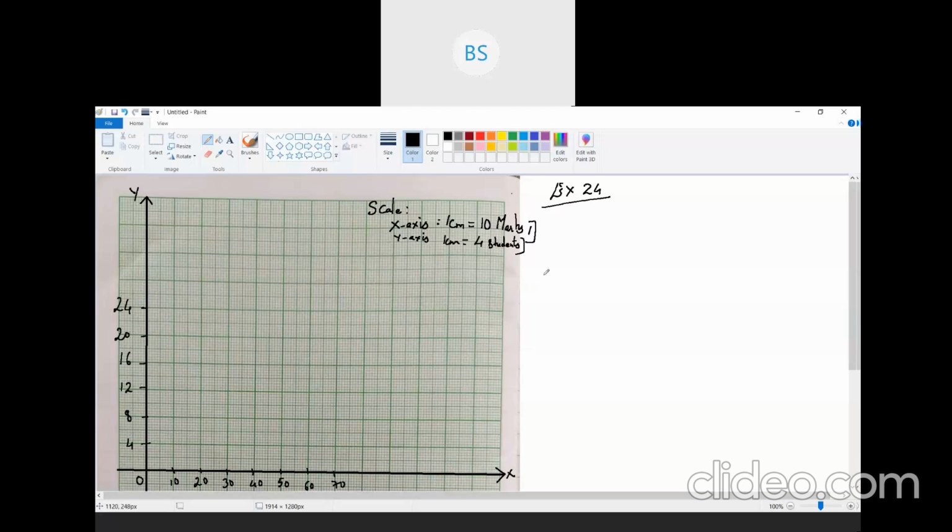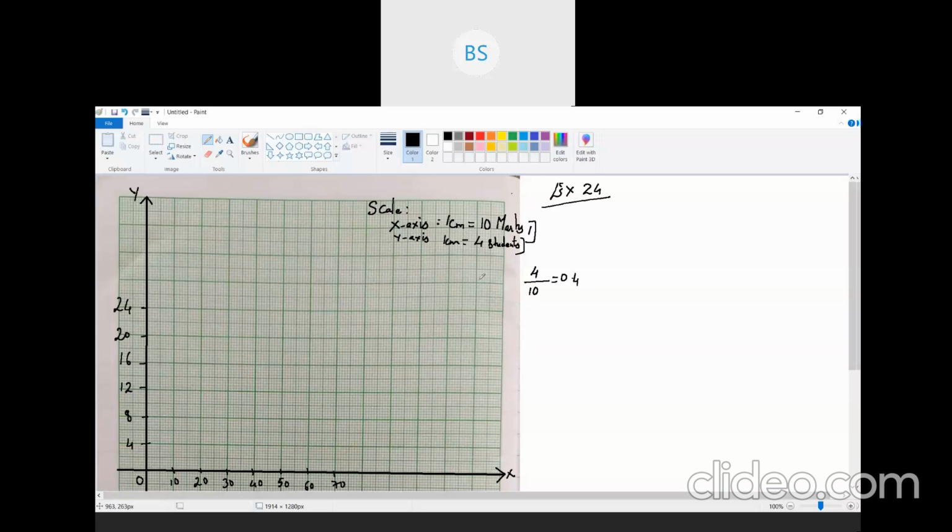That we find out by 4 divided by the number of divisions in each box, that is 10. So that will give us 0.4. It means that the value of each division in the 1 centimeter box is 0.4.